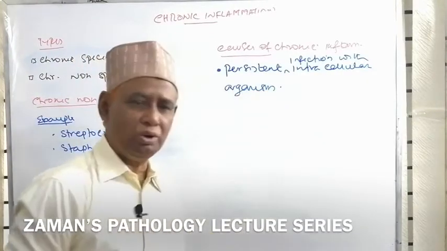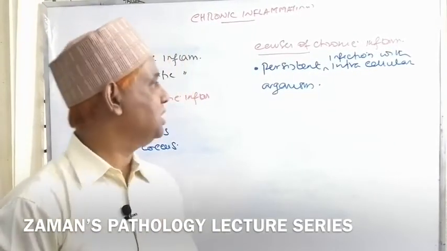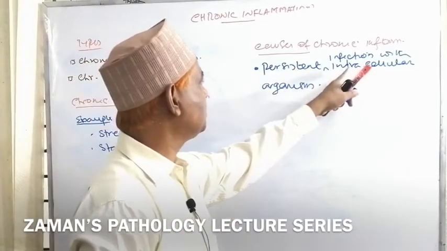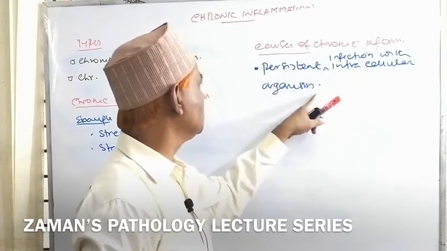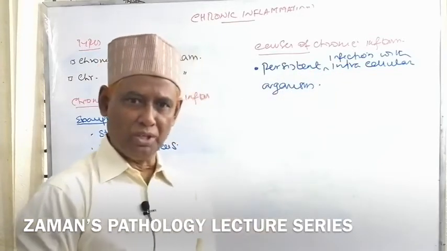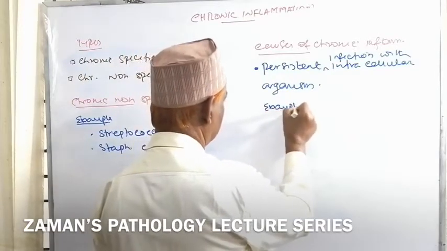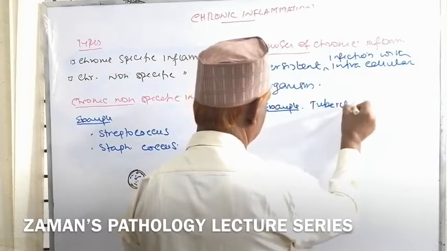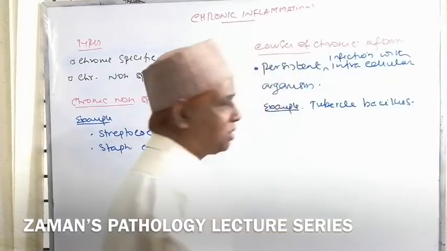Respected audience, you know inflammation caused by microorganisms or microbes is called infection. So if anybody suffers from infection and that infection persists with an intracellular organism, it will cause chronic inflammation. Example, tubercle bacillus. It causes tuberculosis.